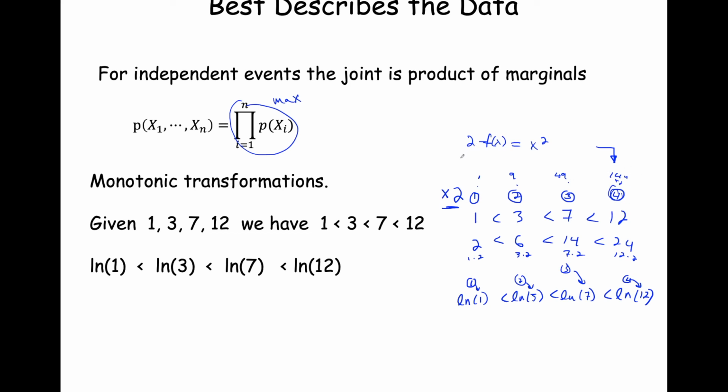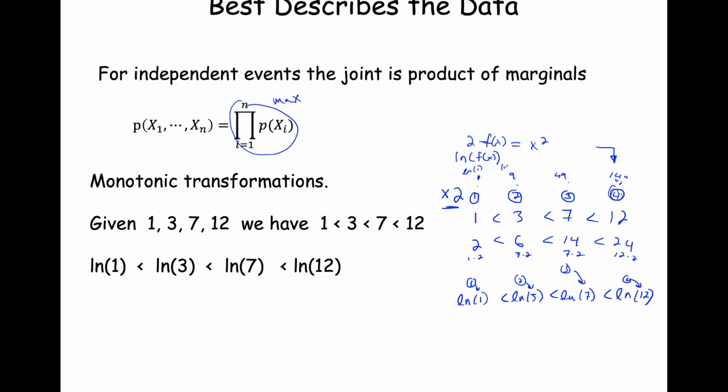If we took the natural log of f of x, where does that achieve its maximum? The natural log of x squared: the natural log of 1 squared, which is 1, is here, so we have ln of 1.